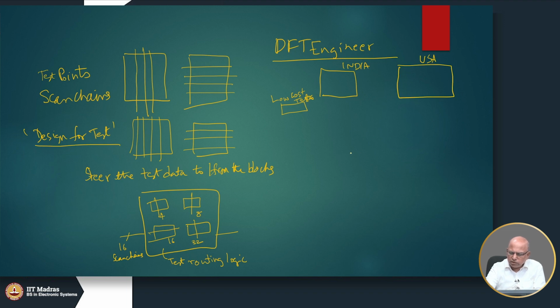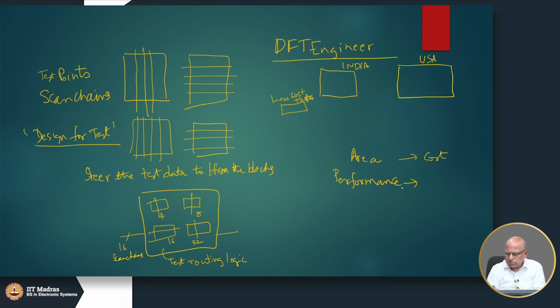And as I told you, typical things that we have to worry about is area. Okay, if you add too much DFT logic, it increases the area, and as a result it increases the cost. Then what performance impact is it having on the design?